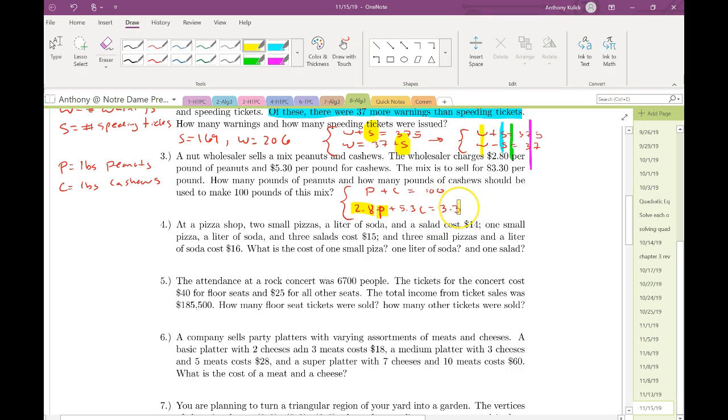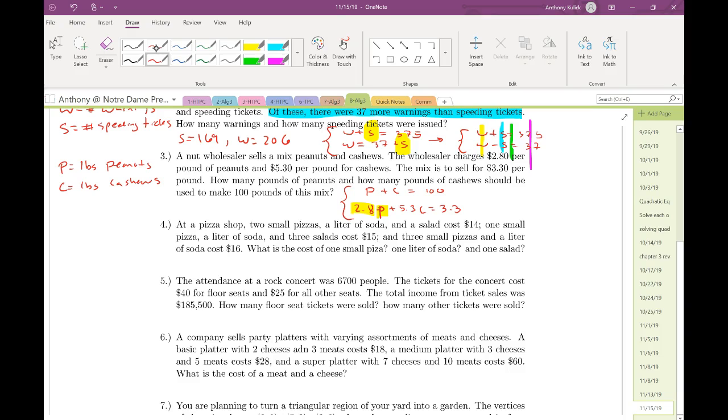The units don't quite match up. So we do need to multiply the 3.3 by some amount of pounds to make the units match up. Do you guys see that? Does that make sense?